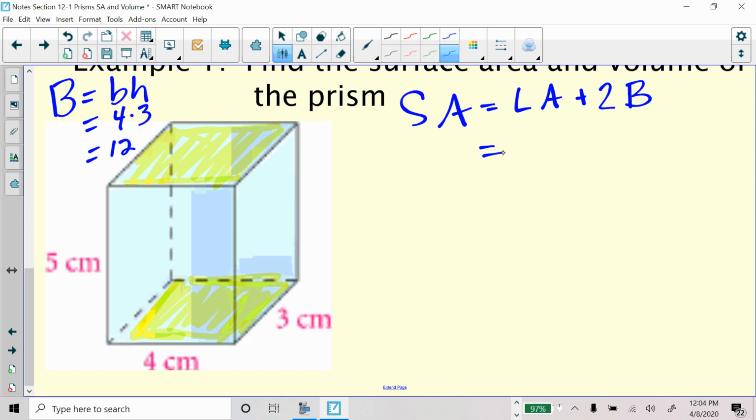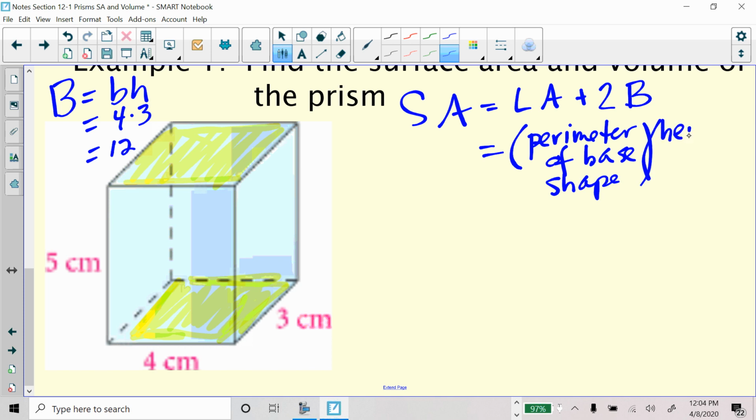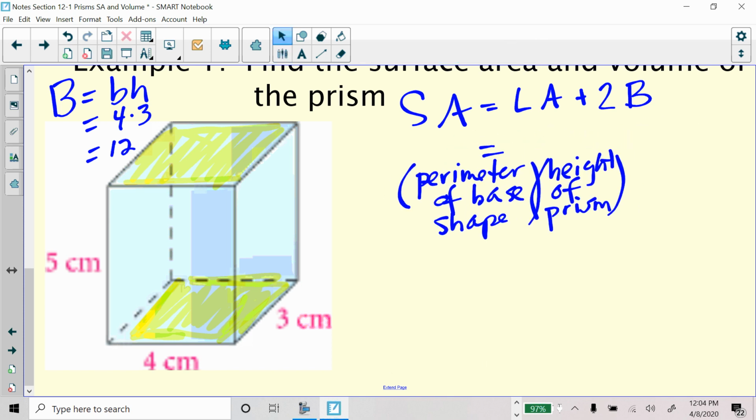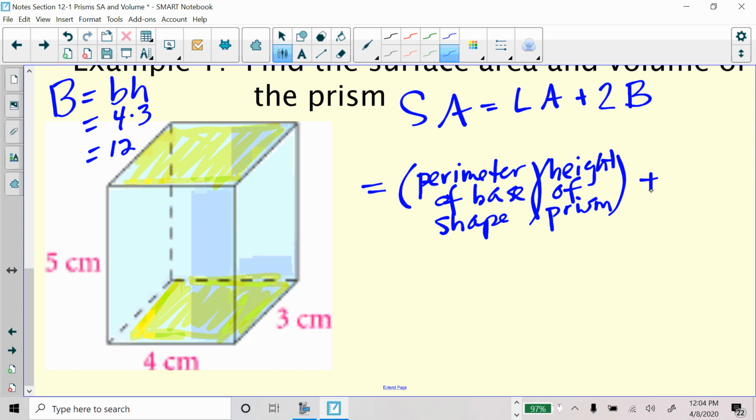But you got to remember, what did we use? If we're doing lateral area, which is perimeter of the base shape times height of the prism, so if we can move this over just a little bit, perimeter of the base shape times the height of the prism plus 2 times the area of the base.